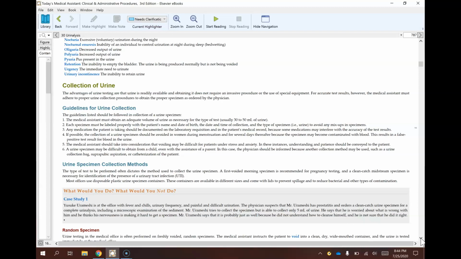It's called a hat because upside down it looks like a hat, but what it is it's placed between the toilet seat and the actual toilet in order to have the young child sit and urinate into the hat, and then the MA will pour it into a specimen cup.